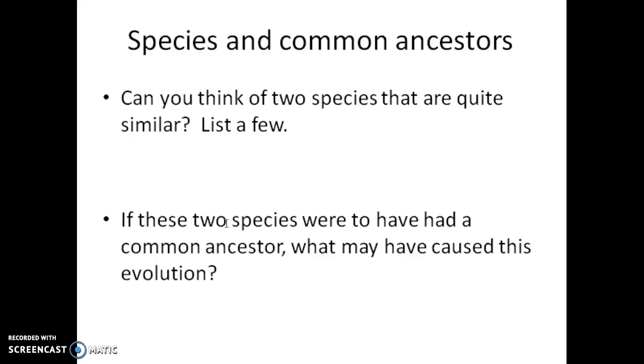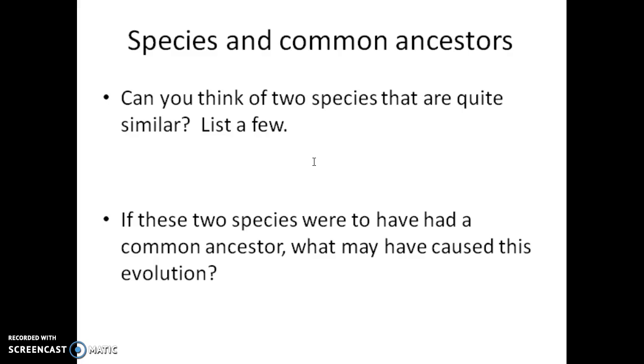So at one time, we really kind of were one and the same species, but monkeys weren't monkeys and humans weren't humans. We were something different. And over the course of time, we slowly changed into our modern day forms, which would be either humans or monkeys. So aside from humans and monkeys, can you list any other species that are quite similar?